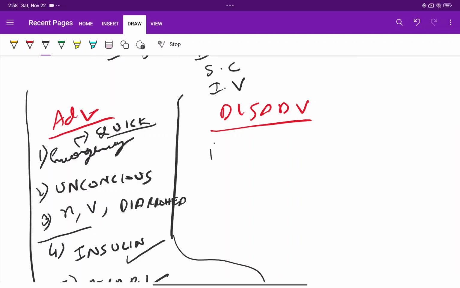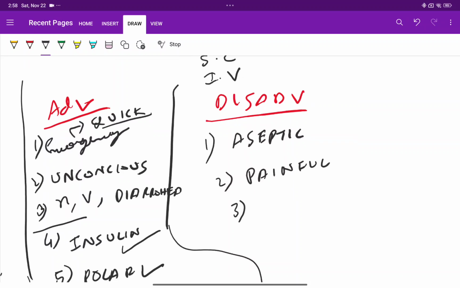See, the main disadvantage is that aseptic condition should be maintained while giving the parenteral route of drug administration, while giving any injectable form. The procedure is painful and there is risk of damage to the nerve, muscle.